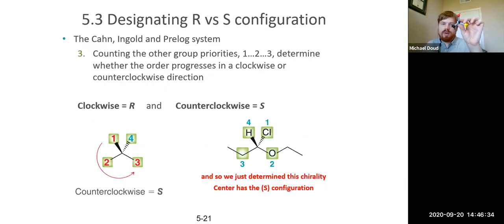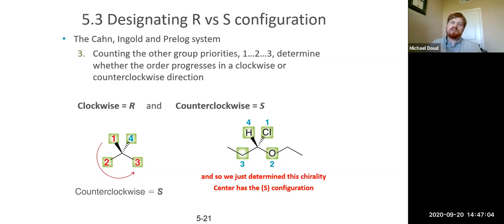Okay, and now we're ready to do the clockwise versus counterclockwise thing. We have to orient it so that 4 is facing away from us, in other words, into the screen. And now we can evaluate. So we've got chlorine, oxygen, carbon. That's 1, 2, 3. So we go 1, 2, 3, do the little circle like so, and that is going to be counterclockwise.